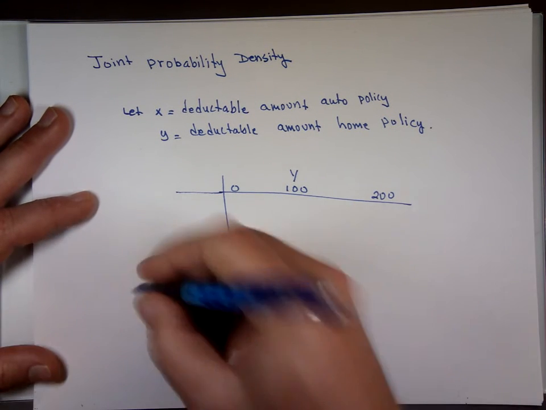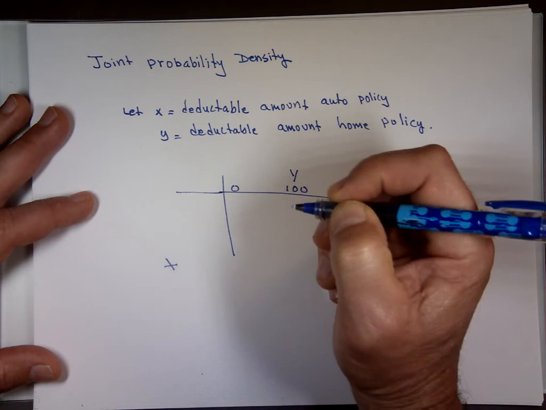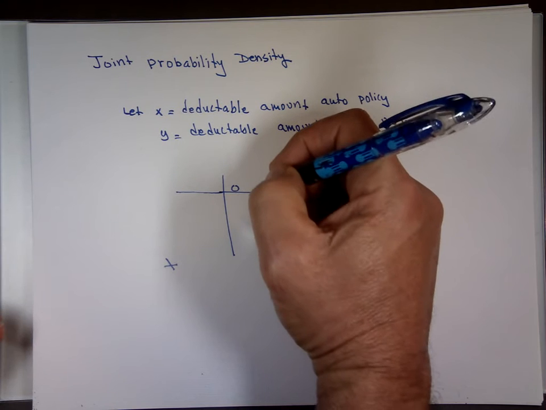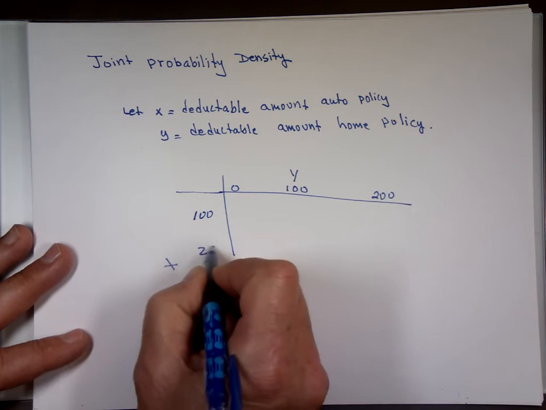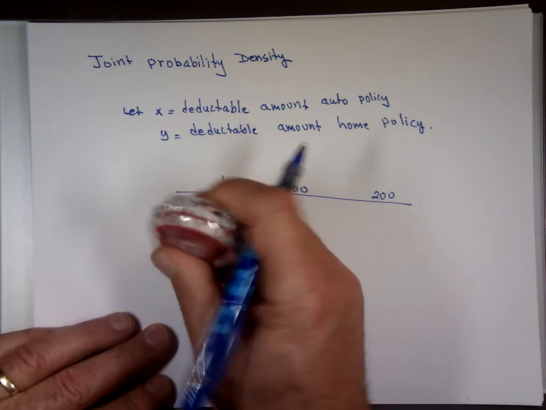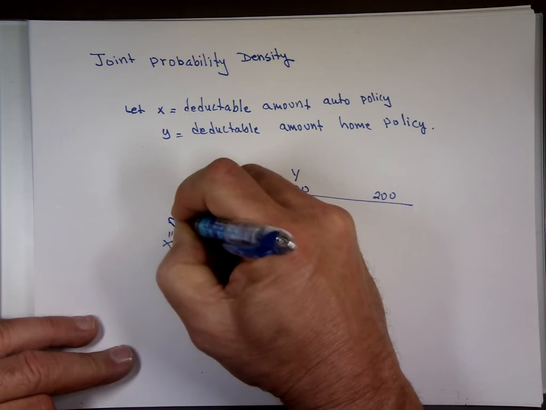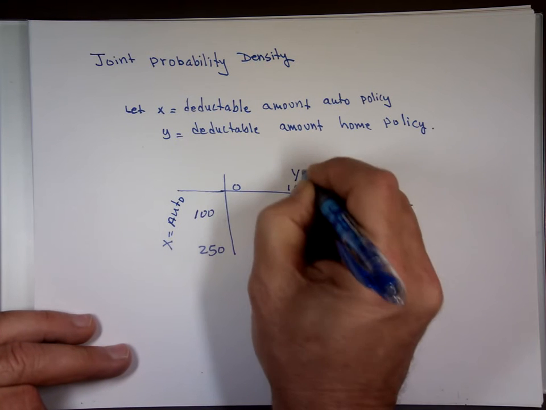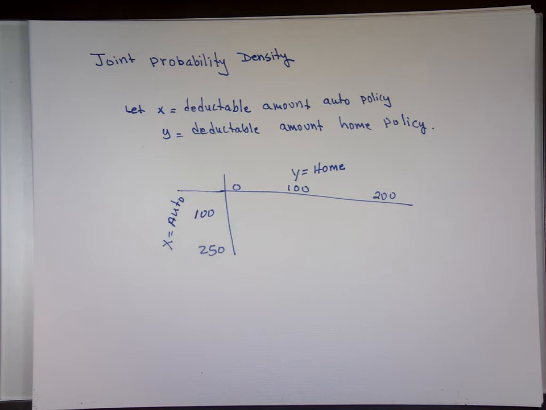And X here is your auto, and with the auto, we'll say there's either a $100 deductible or a $250 deductible. Y is your home. Usually when people have a low deductible on their home, they probably have a low deductible on their car too.